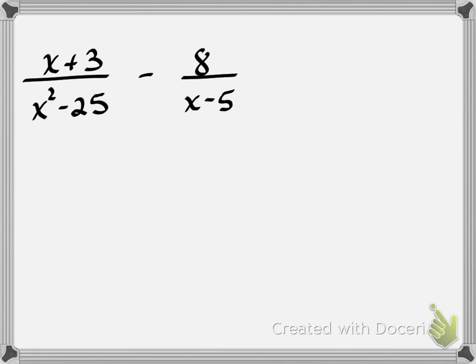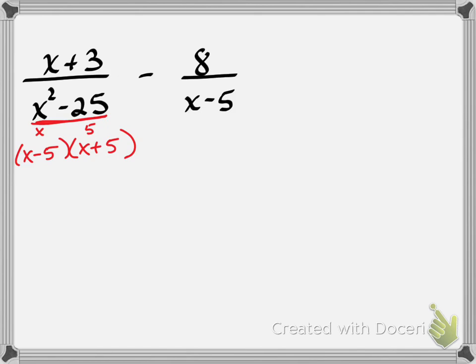So on this one, since this one is an x squared, there's a possibility that this term might factor. And we practiced this in class on Wednesday. This is a difference of perfect squares. So it was x and 5 and 5. So that factored x minus 5 times x plus 5.